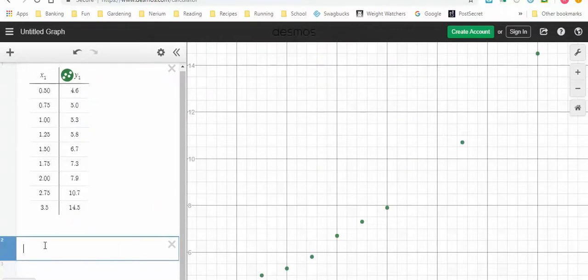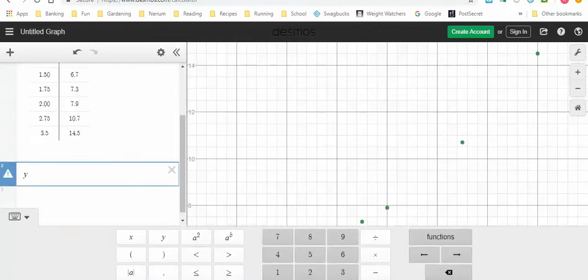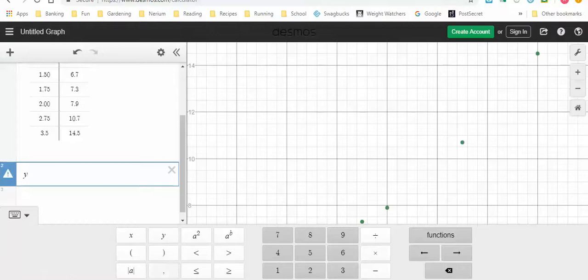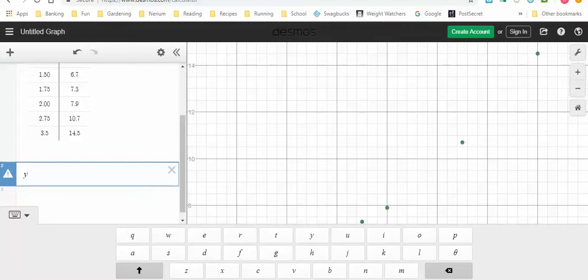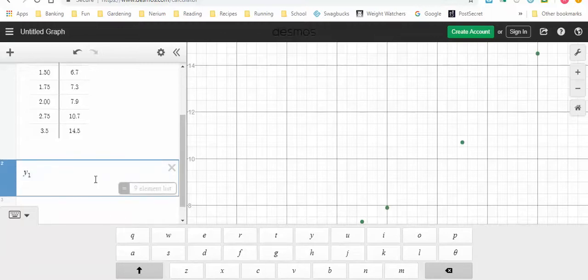And we're going to do y, and then we need a sub 1, a subscript. So I'm going to hit this. There's an ABC button down here that it's hard to see. Sub 1.